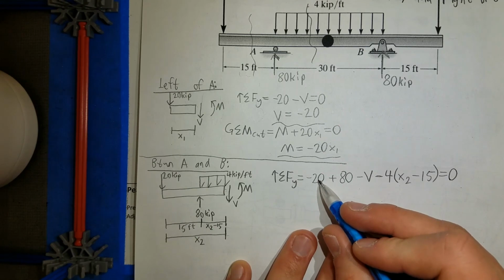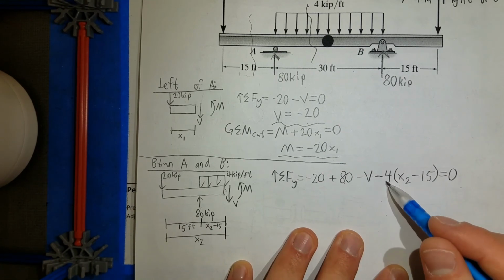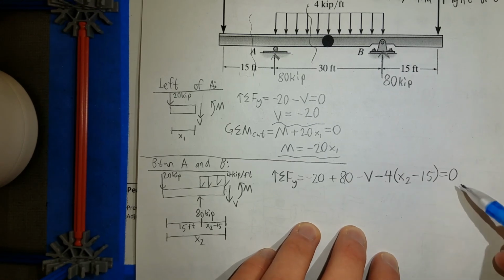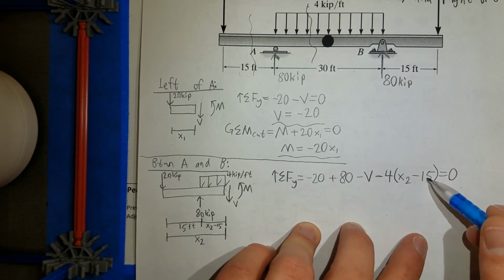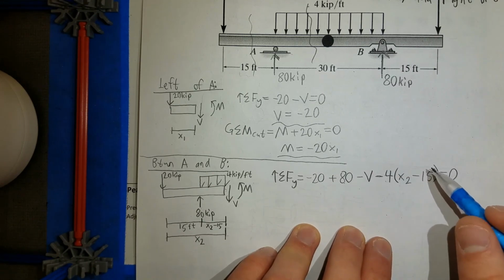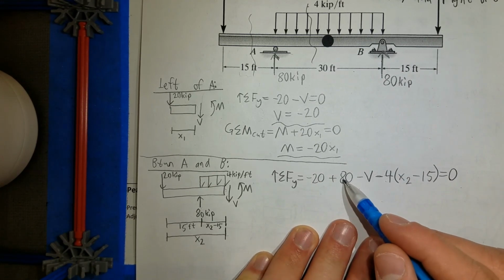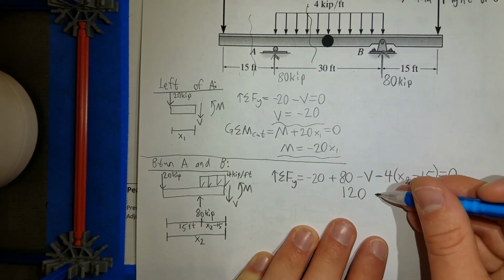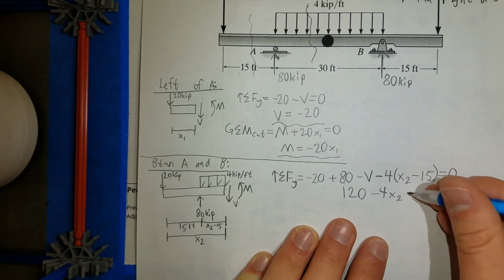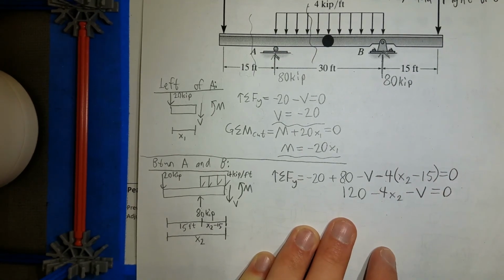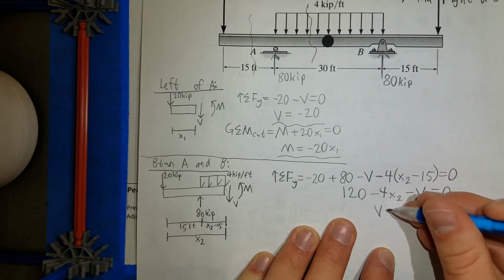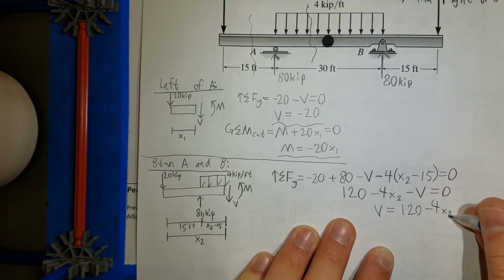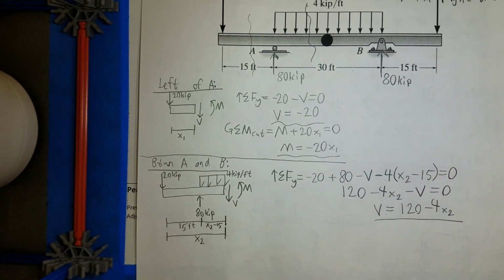We've got negative 20 here, we've got 80 here, and then negative 4 and negative 15 will multiply and end up being positive 60. So that's 60 and another 60, giving us 120 minus 4x2 minus V equals 0. And so our shear is going to be equal to 120 minus 4x2. That's our formula for that.